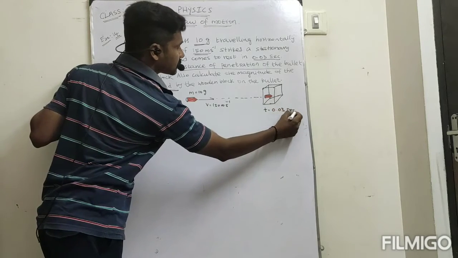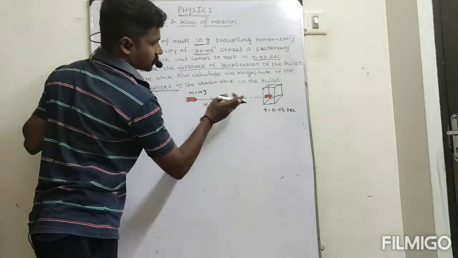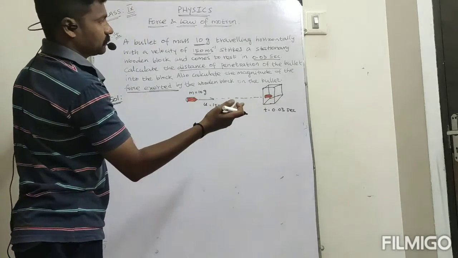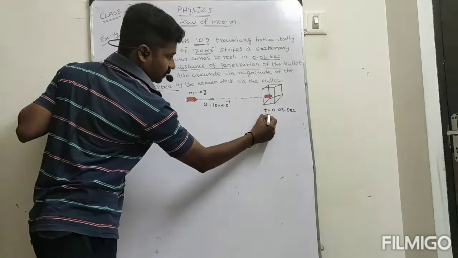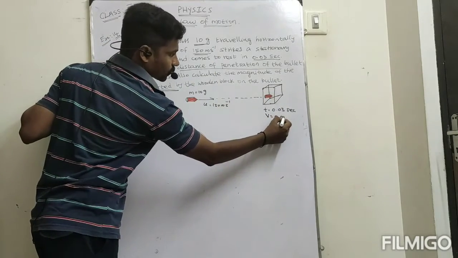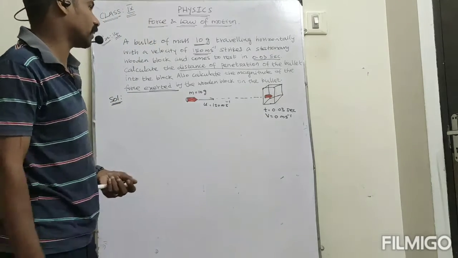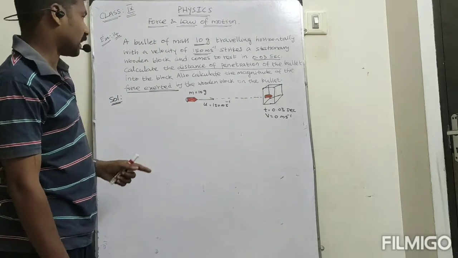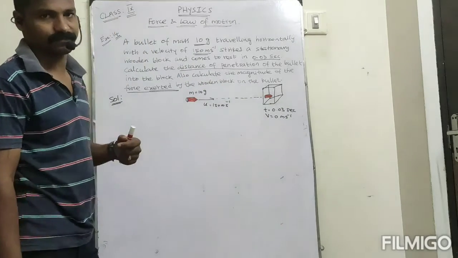Then after entering, that means after 0.03 seconds, you know that this is taken as initial velocity. So after 0.03 second, it comes to rest. That means the final velocity of the bullet is 0 meter per second. So now they are asking the penetrating distance.